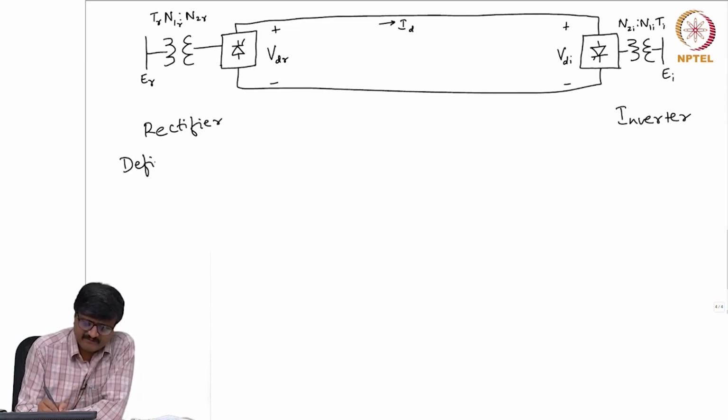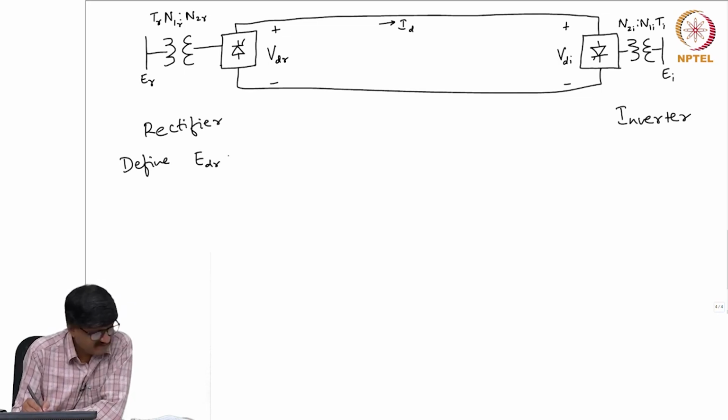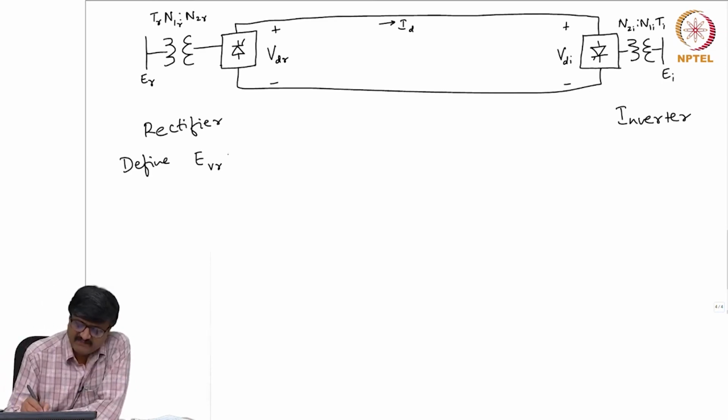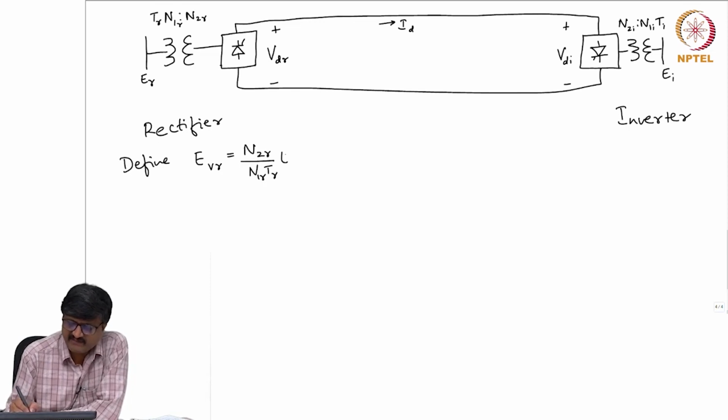Define EDR as, okay, and before defining EDR, let me define one more quantity, EVR, as N2R by N1R times TR times ER.